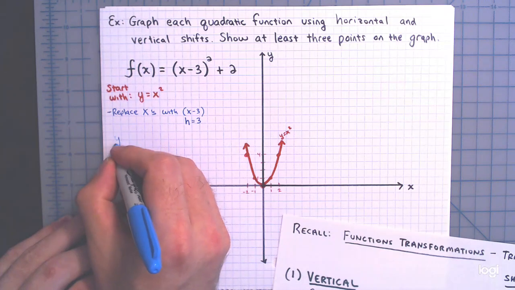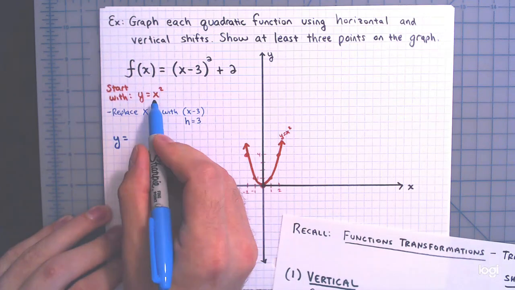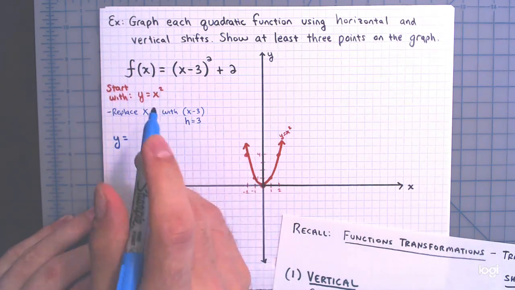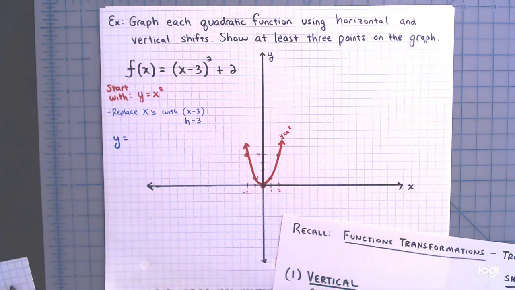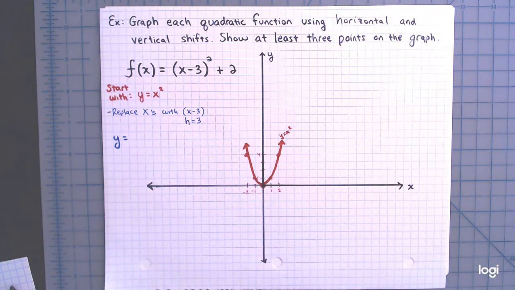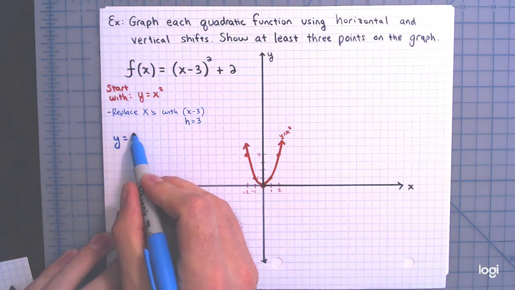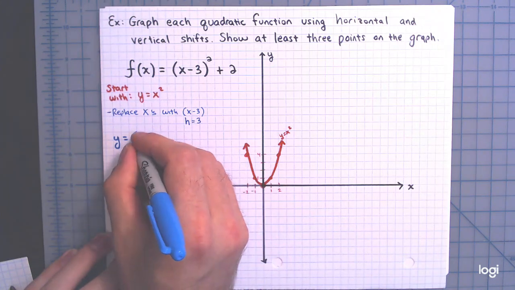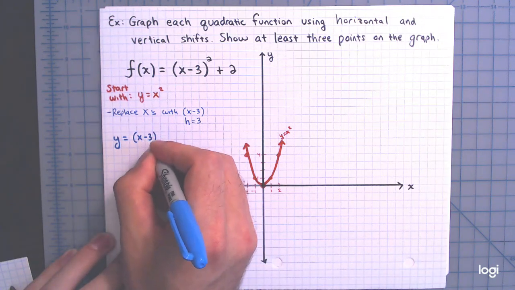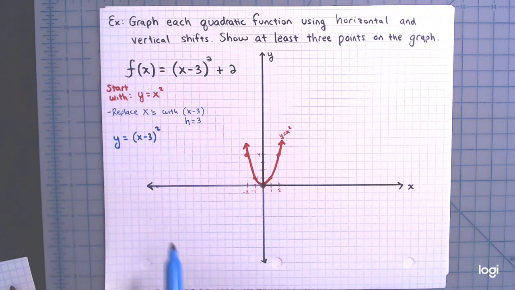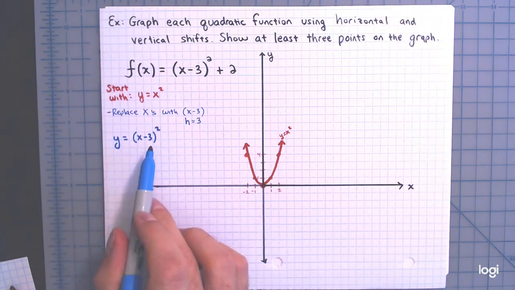Right? So here's how the rule is going to look now. Again, I'm going to change the rule to move this graph around. Instead of y equals x squared, we have y equals, replacing the x with the quantity x minus 3. Y equals x minus 3 squared. And I'm going to graph it in this light blue color here.